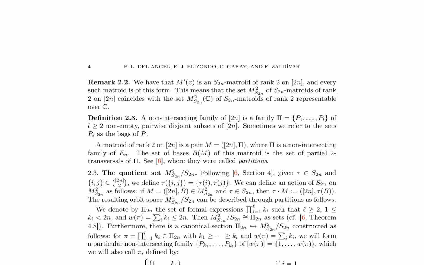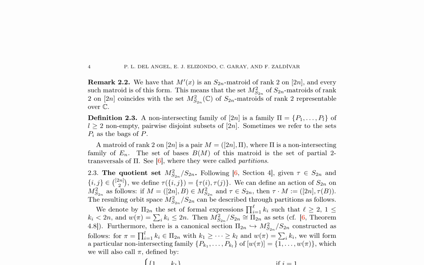Matroids of rank 2 on 2n are examined with a focus on M_2^{S2n}, the set of matroids representable over the complex numbers. Non-intersecting families are introduced as a fundamental concept, and their connection to matroids is established. The quotient set M_2^{S2n}/S2n is explored, revealing its intimate relationship with partitions.